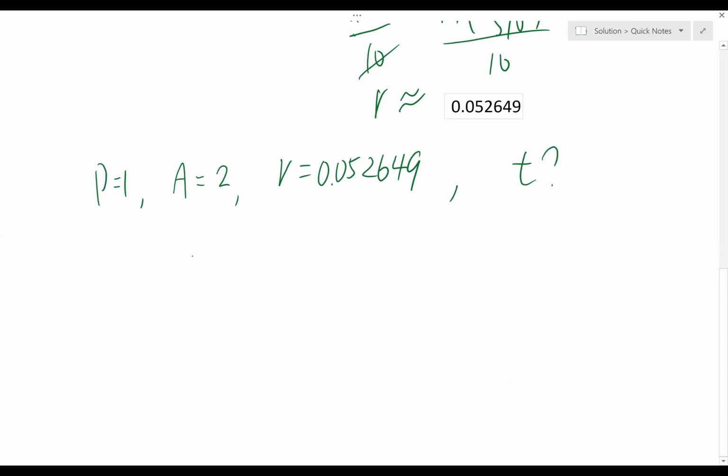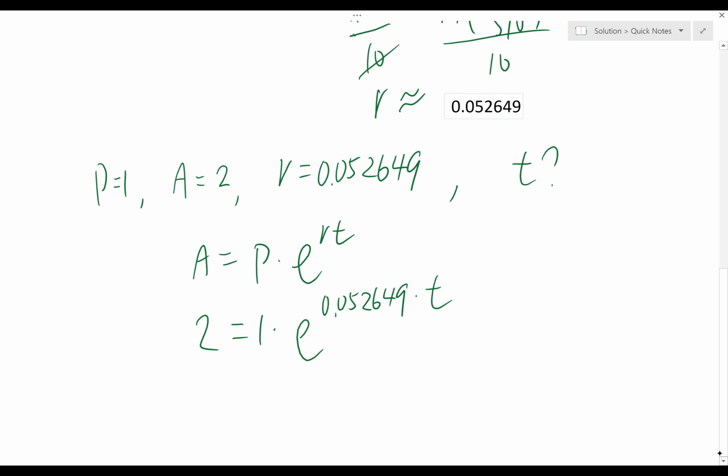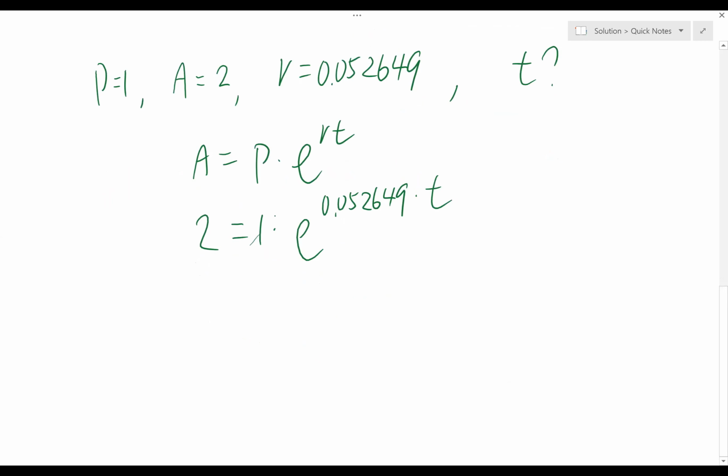One more time, you apply the formula A equals P times e to the rt. Throw in our numbers: 2 equals 1 times e to the 0.052649 times t. We can omit that 1, so e raised to 0.052649t equals 2.